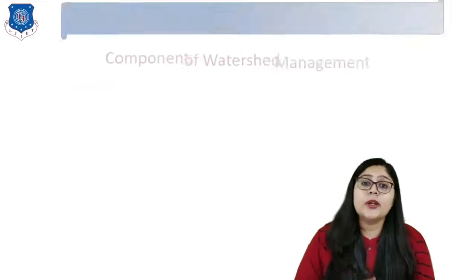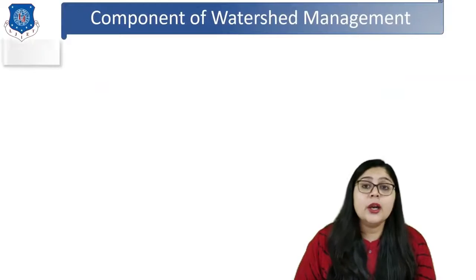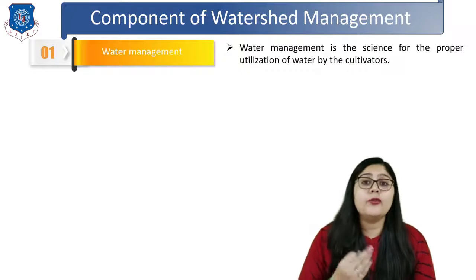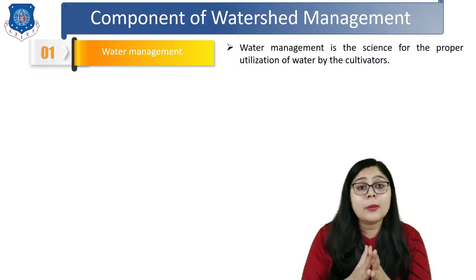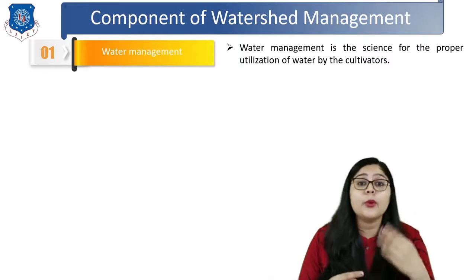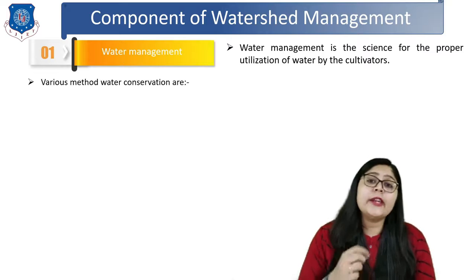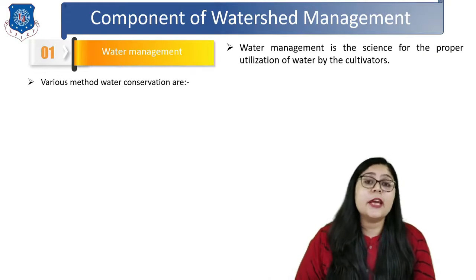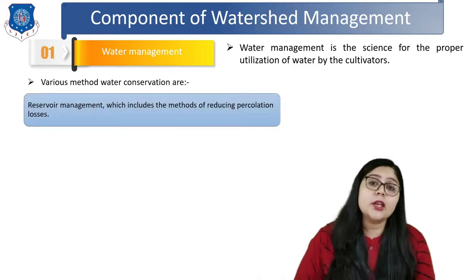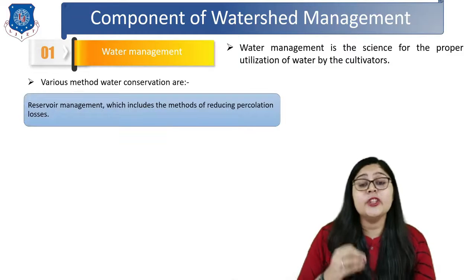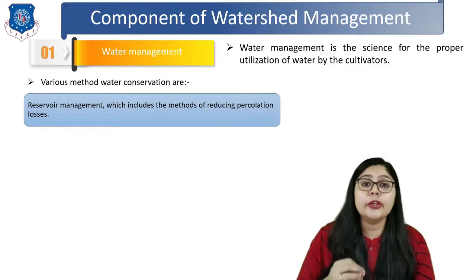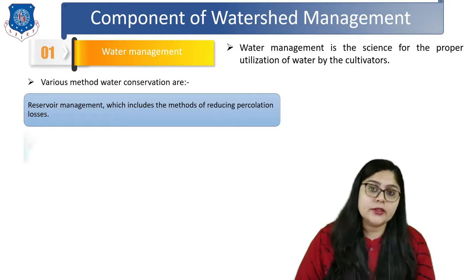Now, what are the components of watershed management? So here the first component is all about the water management. It means the water management is the science for the proper utilization of water by the cultivators, right? Here various methods for water conservation are used, in which the first one is the reservoir management, which includes the methods of reducing percolation losses, right?